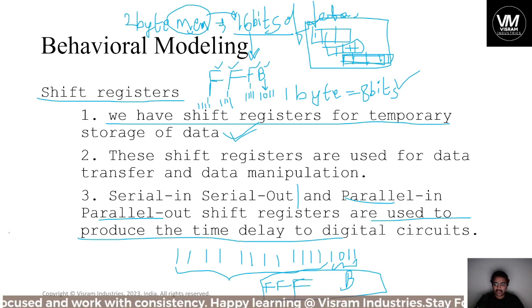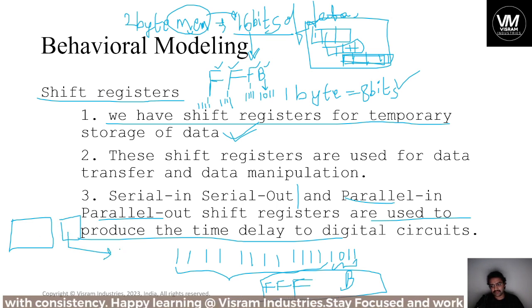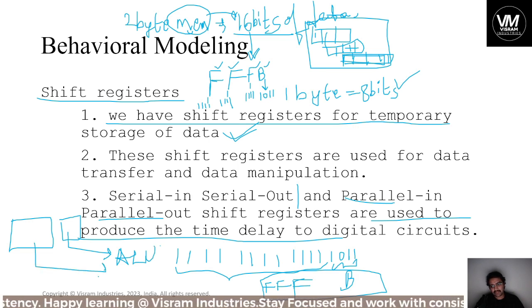Basically, when you have 2 types of memory or 2 memory blocks, one memory is pushing data to the ALU, let us say, and the second one wants to push data to the ALU, but first things first, the first requires some 5 nanoseconds of time to push the data to the ALU.